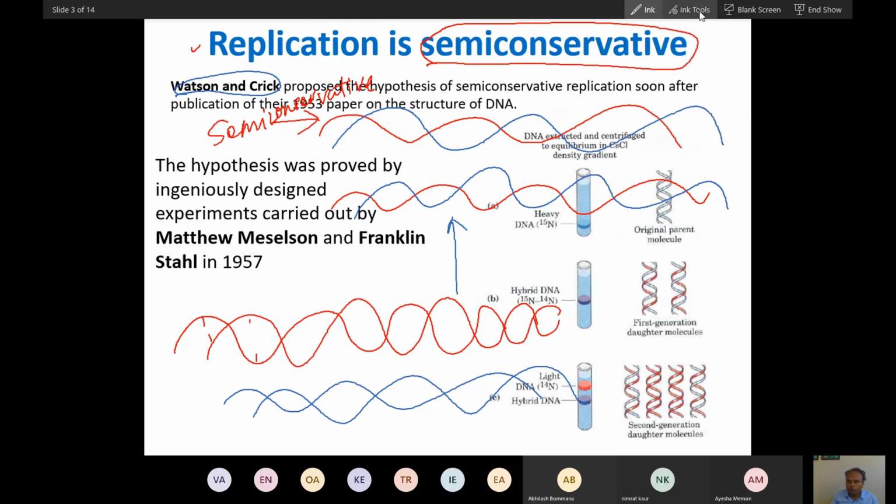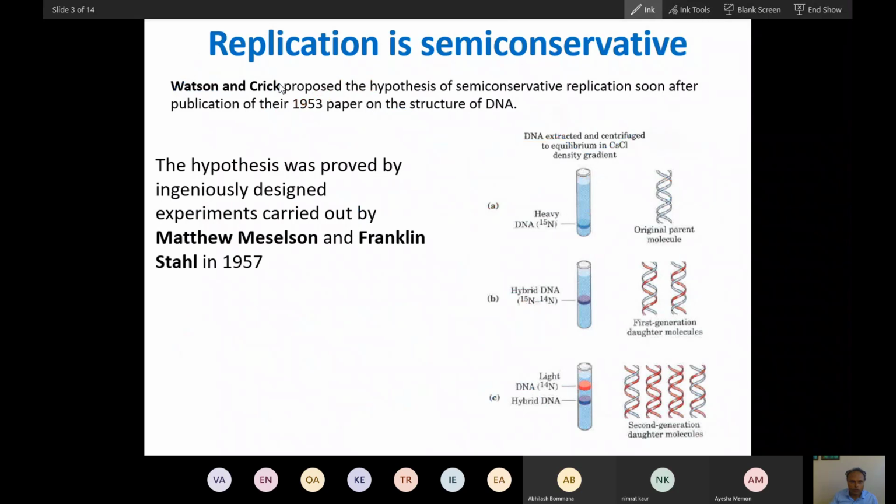Okay. So DNA replication is semi-conservative. Now, one experiment has been done to prove this, called the Meselson-Stahl experiment. Initially, a culture of bacteria was grown on nitrogen-15.